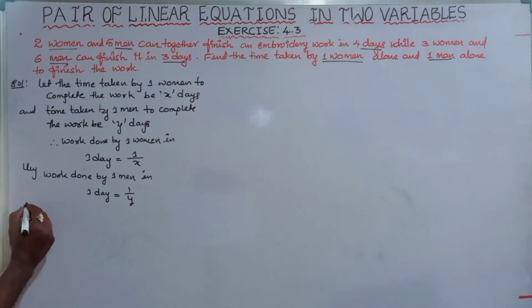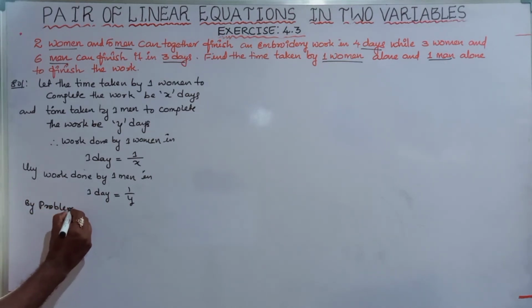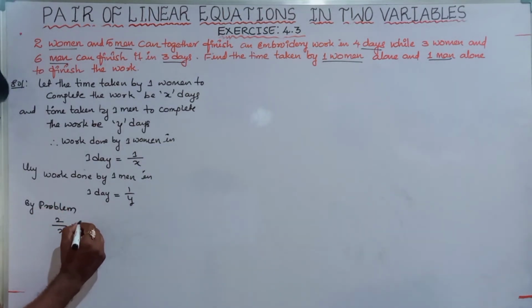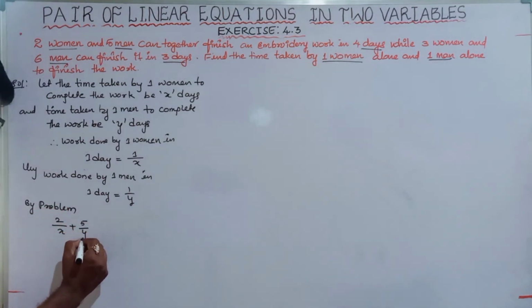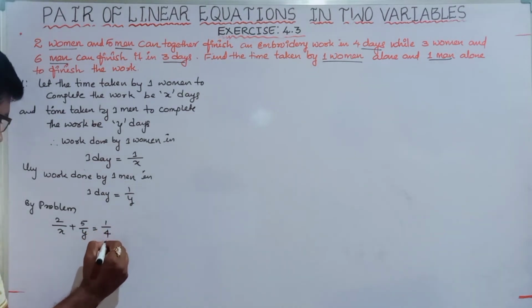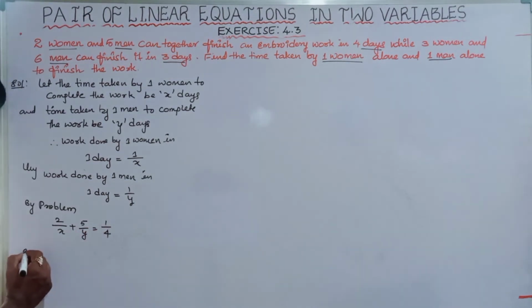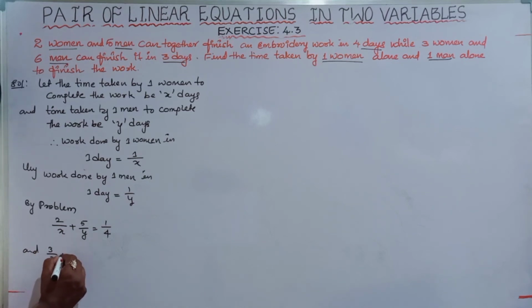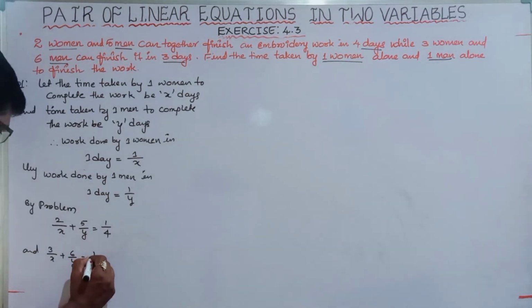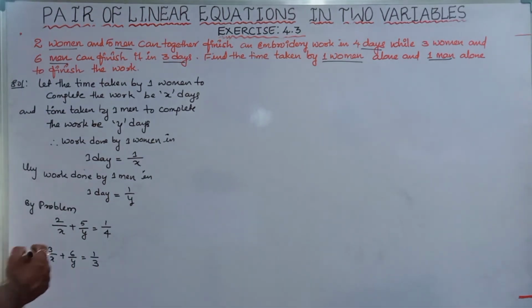By problem, 2 by x plus 5 by y is equals to 1 by 4, and 3 by x plus 6 by y is equals to 1 by 3.